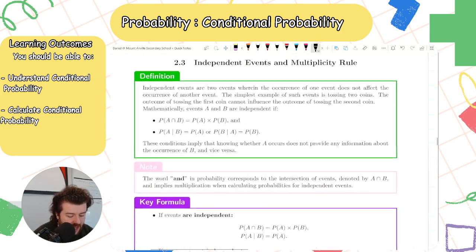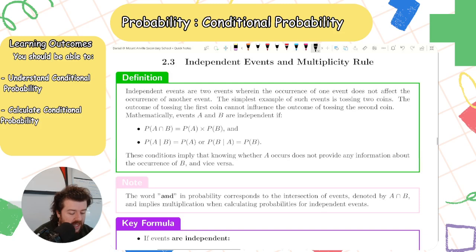Just a recap here of independence and the multiplication rule. Independent events, like I said, are two events wherein the occurrence of one event does not affect the occurrence of another. The simplest example of such events is tossing two coins. The outcome of tossing the first coin cannot influence the outcome of tossing the second coin.